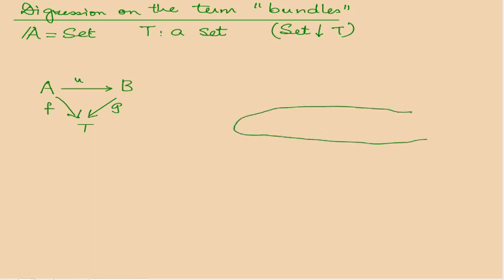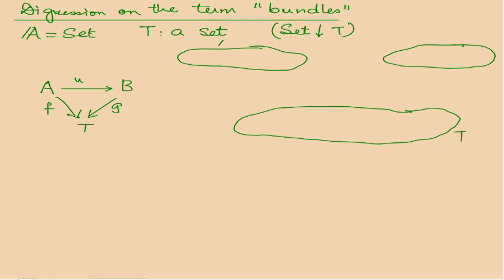So this is my set T. I have the set A, the set B. Now, given a function, it gives me this bundle, right?